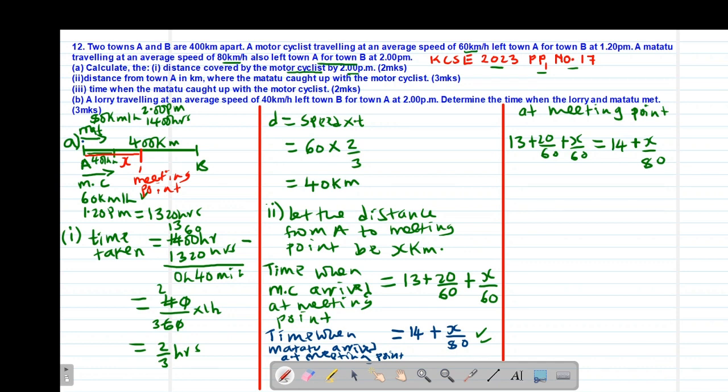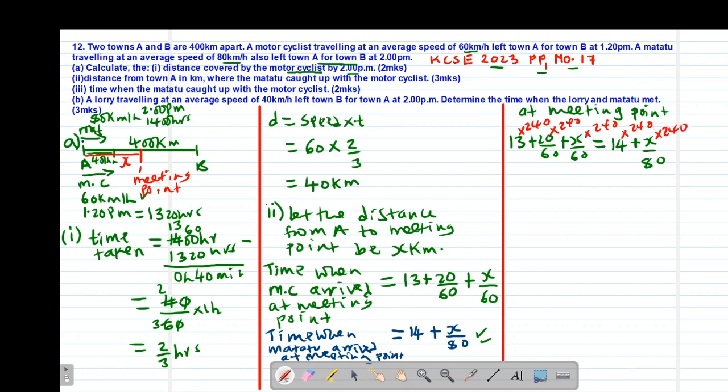Yes, the LCM is actually 240. So I'm going to multiply through by 240, every term.